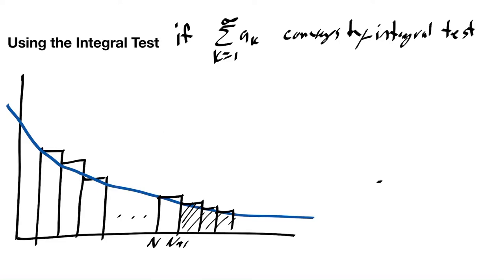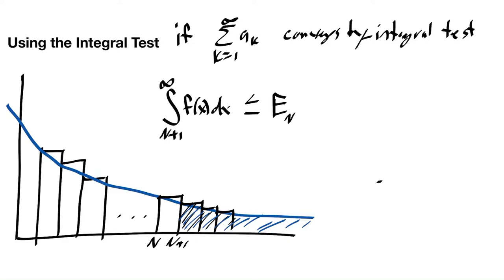Let me just erase this and give myself a little more space. So that error is going to have to be greater than or equal to this blue area to the right. So you notice if I take the integral all the way over here, it's going to be greater than that. So it's greater than the integral from n plus 1 to infinity of f of x dx.